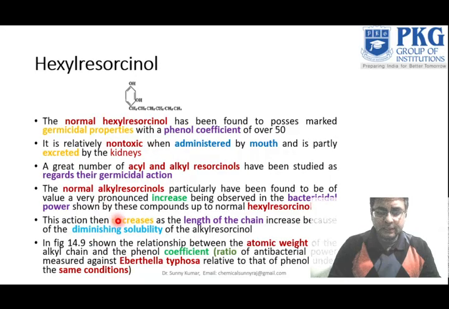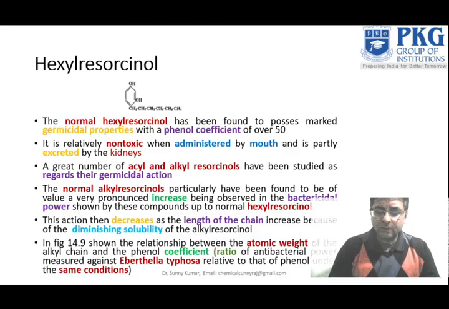This action then decreases as the length of the chain increases because of the diminishing solubility of alkyl resorcinol. The corresponding figure we will show in the next slide.